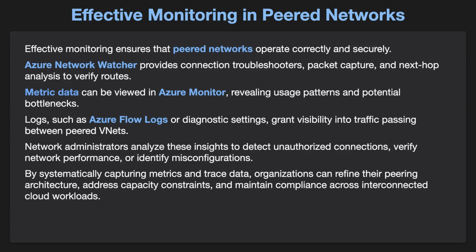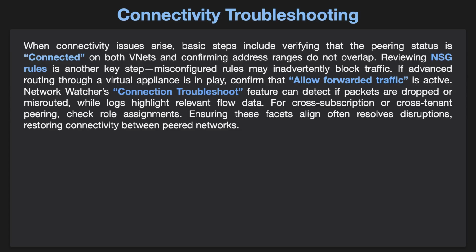When connectivity issues arise, basic steps include verifying that the peering status is connected on both VNets and confirming address ranges do not overlap. Reviewing NSG rules is another key step. Misconfigured rules may inadvertently block traffic. If advanced routing through a virtual appliance is in play, confirm that Allow Forwarded Traffic is active.